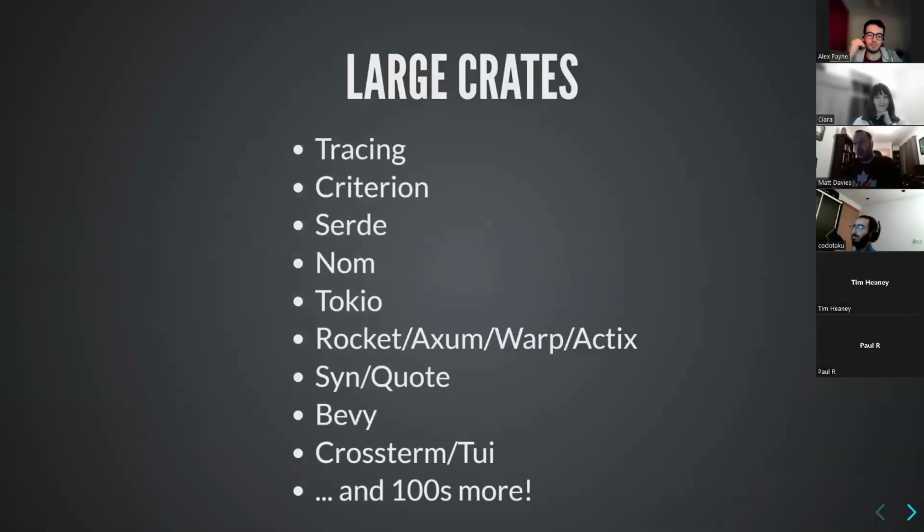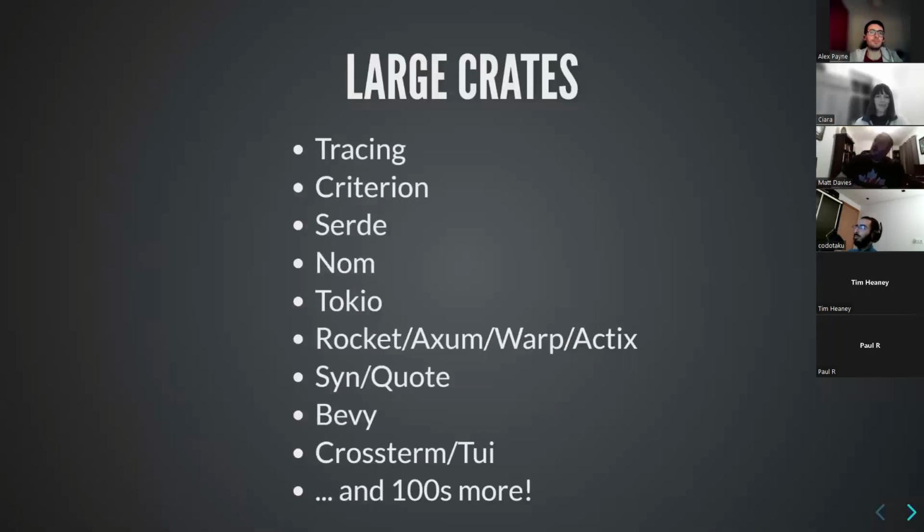Criterion is a benchmark crate for timing all your routines. Serde is a serialization deserialization crate, very powerful, allows you to convert your internal structures into various formats, binary formats, JSON, RON, etc., etc. Nom is a really, really cool parsing library, pretty much able to parse anything when you're parsing text or binary. I would recommend that everyone learns that one.